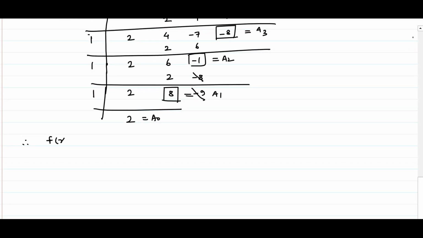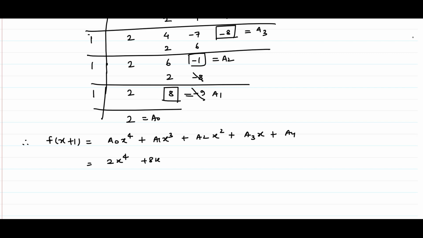So now further, the value of f(x + 1) can be written as a0 x^4 + a1 x^3 + a2 x^2 + a3 x + a4. The value of a0 gives 2x^4 + 8x^3 - x^2 - 8x - 20.